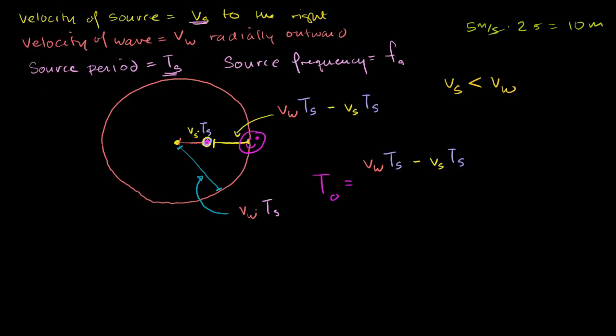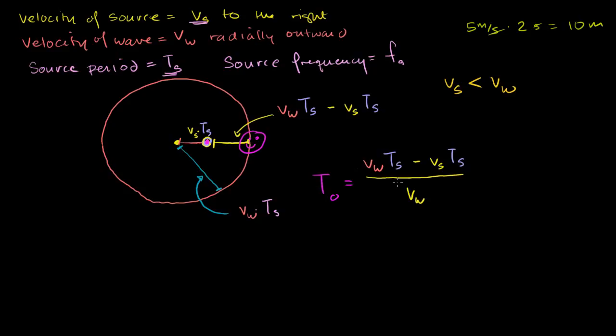So it's going to be this distance that the next pulse, the one being emitted right at that moment, is going to travel, divided by the speed of the wave, and we know what that is. That is v sub w. Now, this gives us the period of the observation.